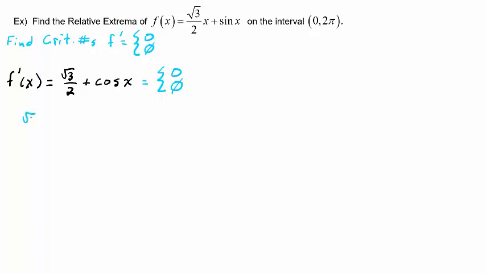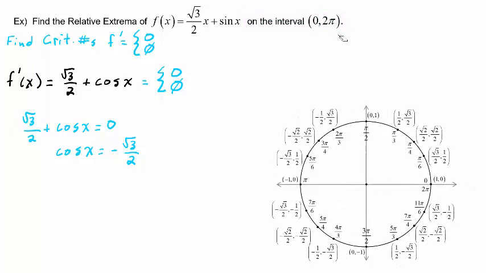So if we solve radical 3 over 2 plus cosine of x equal to 0, we get that cosine of x is equal to negative radical 3 over 2. Now we know that that happens infinitely many times on the graph of cosine of x, but remember, we are being limited to the values of x between 0 and 2 pi.